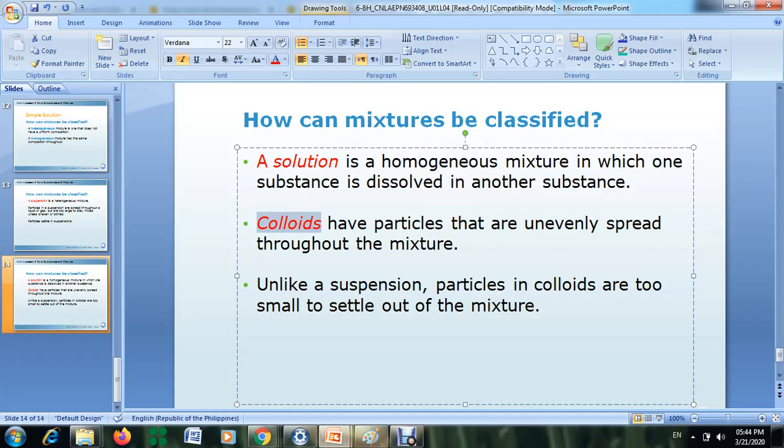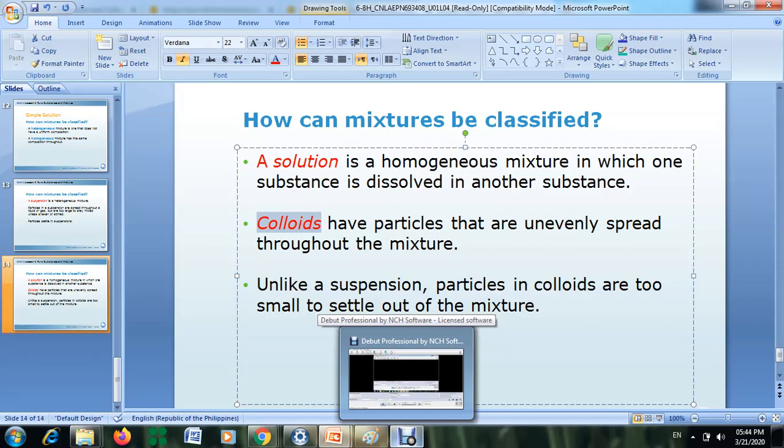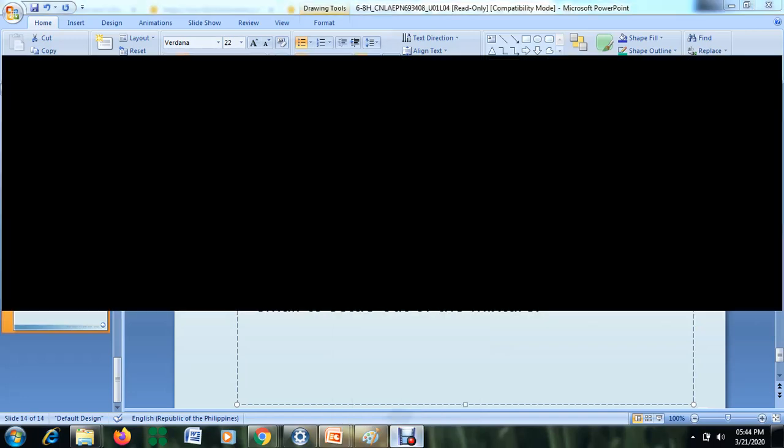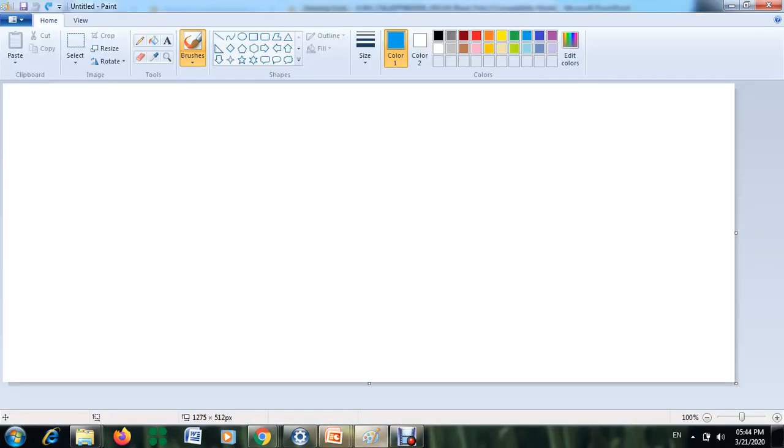To help you understand it more, I want you to do an experiment at home to understand the difference between suspensions, solutions, and colloids. In this experiment, I want you to bring three glasses or cups. In each cup, put the same amount of water.